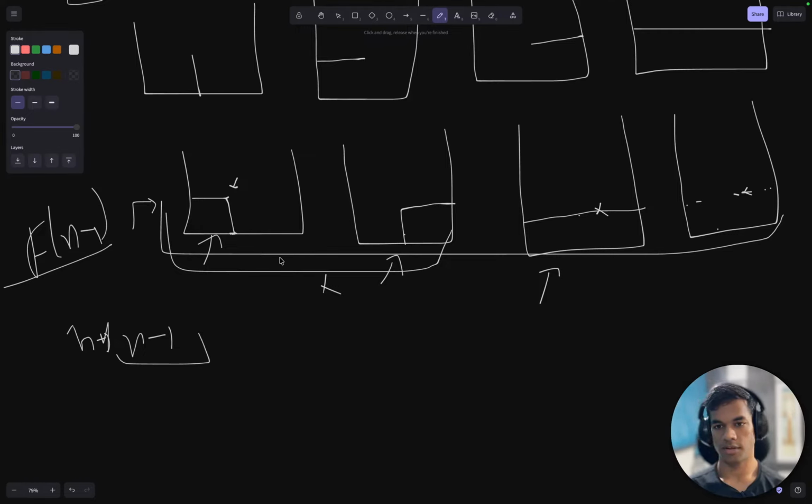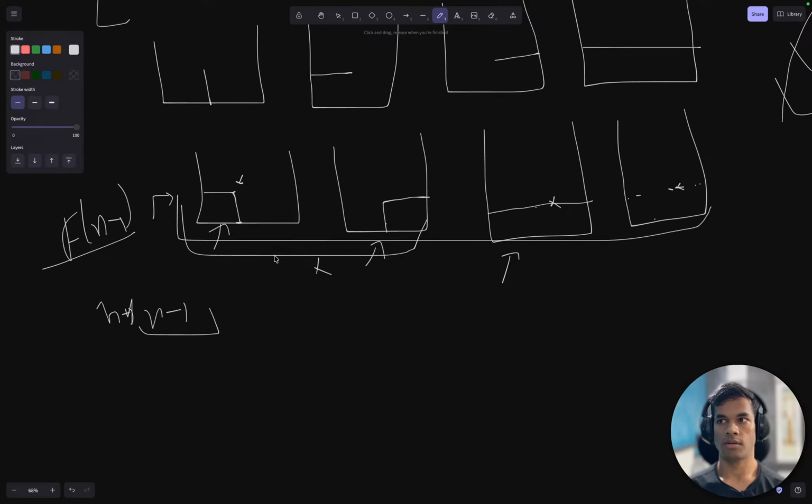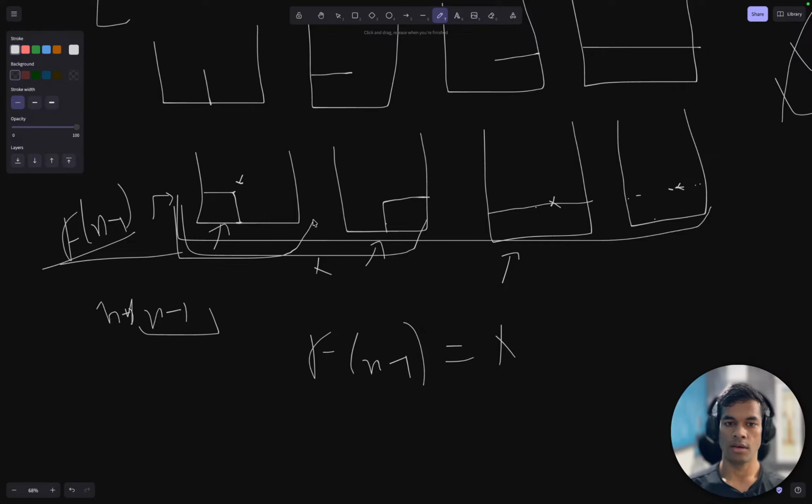And so you can just take half of fn minus 1. Let's say fn minus 1 is x. When we make this choice, we can go with anything we want. When we make this choice, we can go with anything we want.